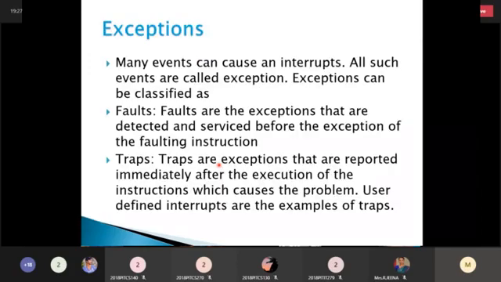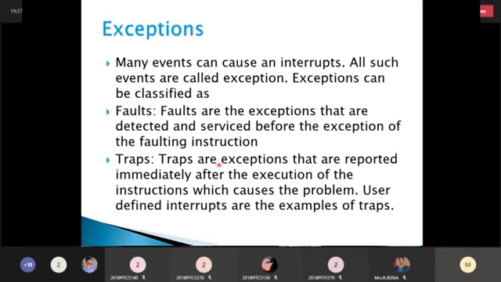So what is meant by an exception? Any event, many events can cause an interrupt. So all such events are called exceptions. Exceptions can be classified as faults and traps.